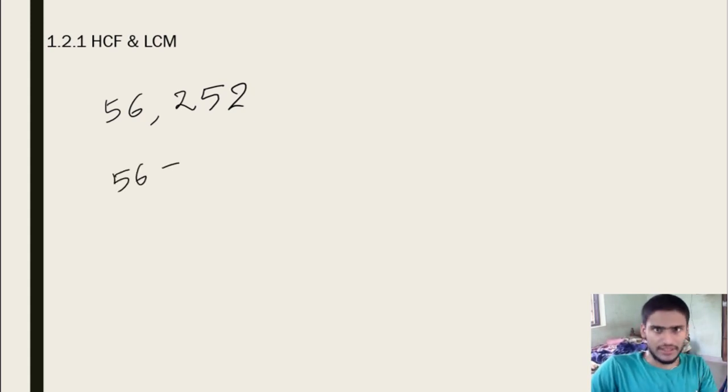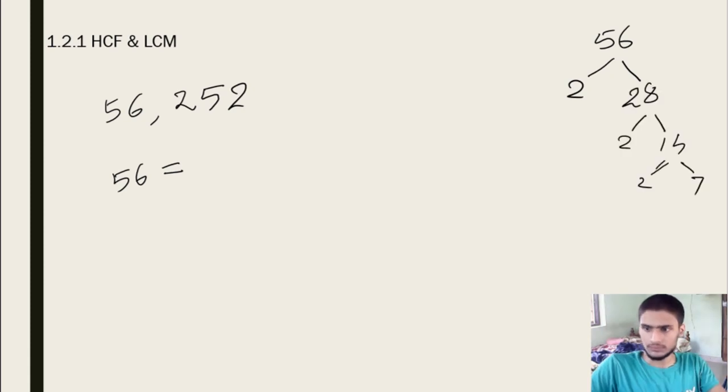Let's factorize them first and see. 56 I can write if I just draw a factor tree. I mean, you might not prefer drawing a factor tree, but it makes things seem easier. So let's draw a factor tree. So you can write 56 as 2 raised to 3 times 7.